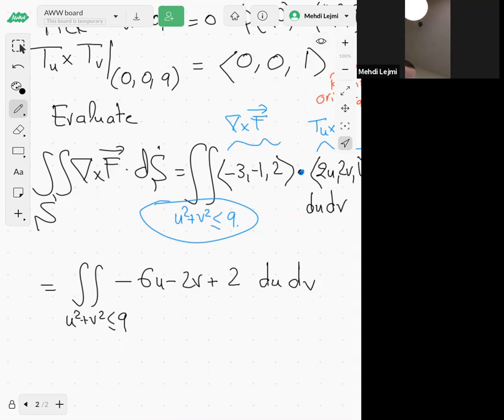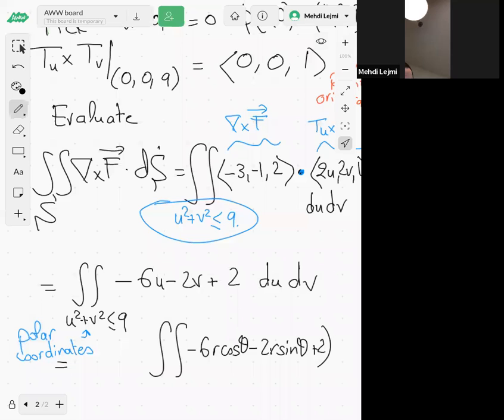So use polar coordinates because the domain is inside of a circle. So this is just the double integral of -6r cosine theta - 2r sine theta + 2. And don't forget the Jacobian, this is r dr d theta.